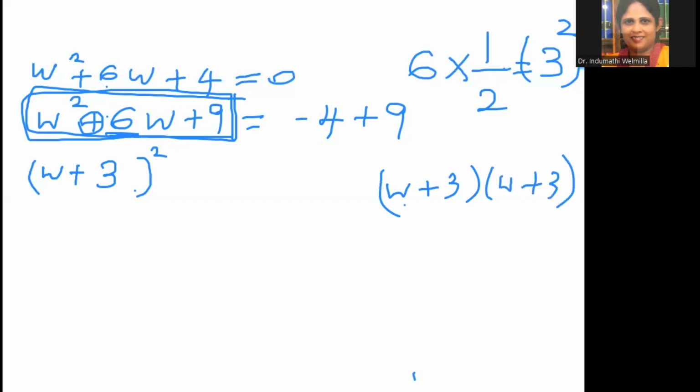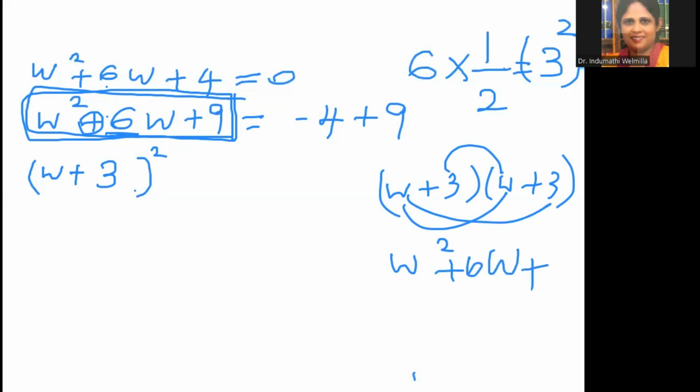We can check it now. W squared. Here 3W, again 3W, all together 6W. And finally, the constant term is 3 times 3, 9. Is it okay? Right? And here we can simplify this one and it gets the plus 5.